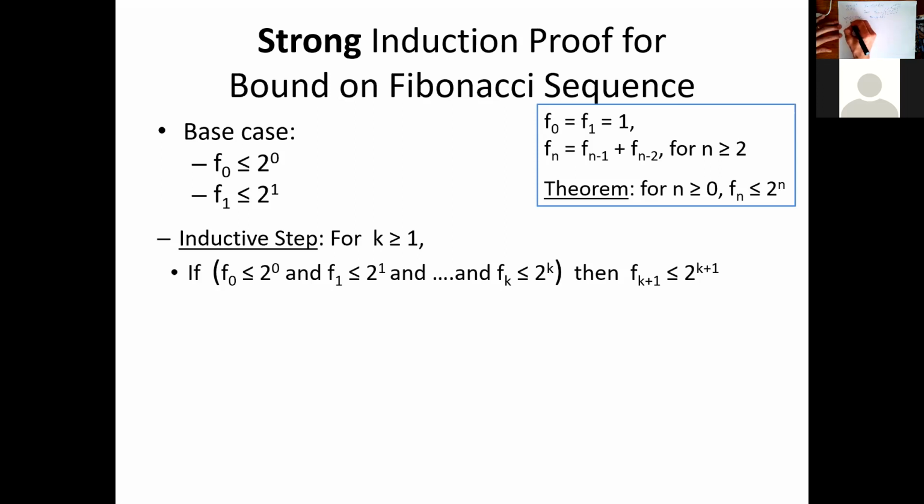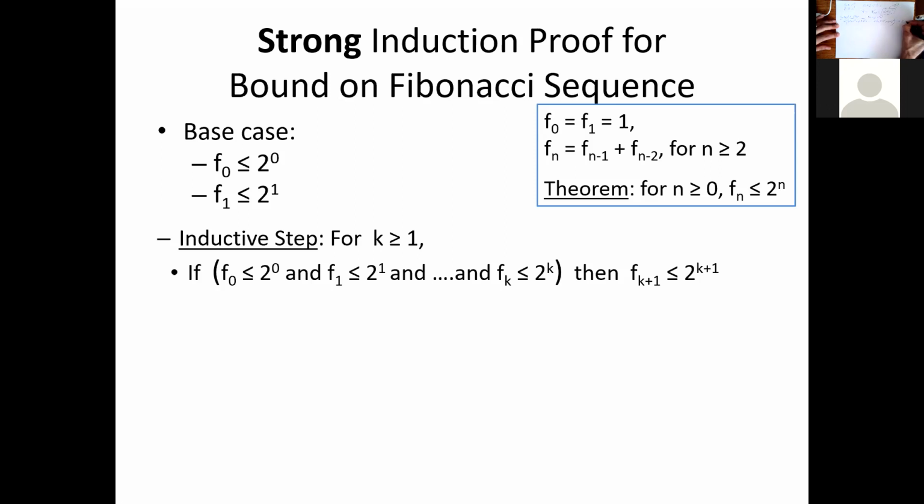If f0 is upper bounded by 2 to the 0 and f1 is upper bounded by 2 to the 1 and dot dot dot, and in particular fk minus 1 is upper bounded by 2 to the k minus 1 and fk upper bounded by 2 to the k, if all of that holds, then the predicate holds about the next one.